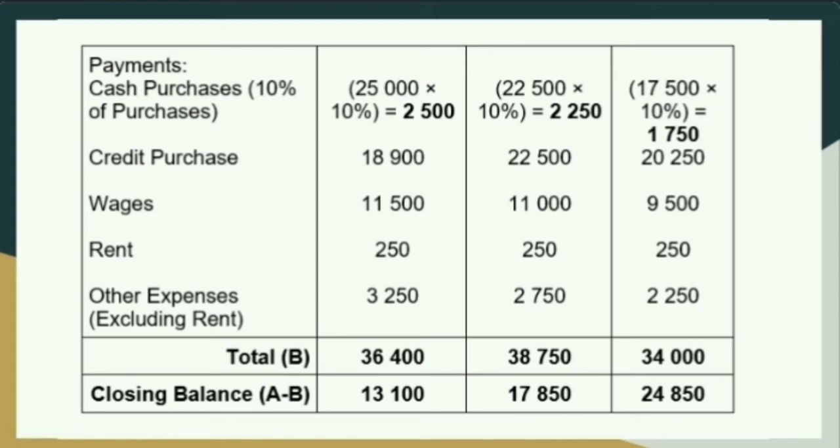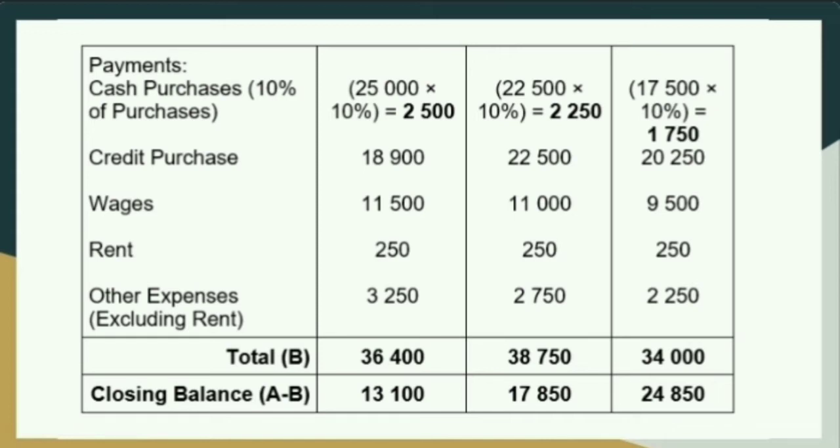After that, imong i-add ang half na amount sa wages last month ug sa current month. So last month, which is June, ang wages 11,000. So imo siyang i-divide og 2. So mahimo siyang 5,500 and sa July is 12,000, so mahimo na siyang 6,000. So imong i-add ang 5,500 og 6,000, mao na siyang 11,500 ang wages and so on sa other na months.